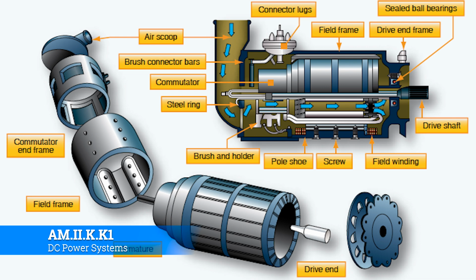Then you have your brush connector bars. That's pretty self-explanatory. And in this case, this one has an air scoop. The air scoop is basically there to cool it. You can imagine the amount of friction and the amount of electrical energy that's being transmitted and generated throughout this whole operation.